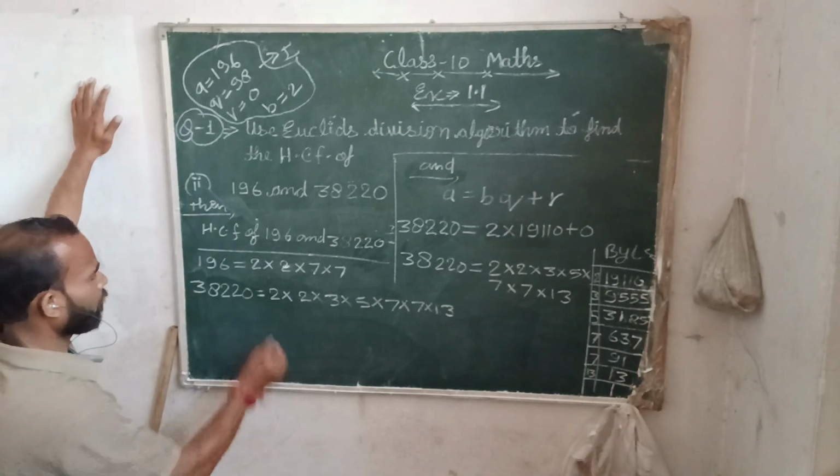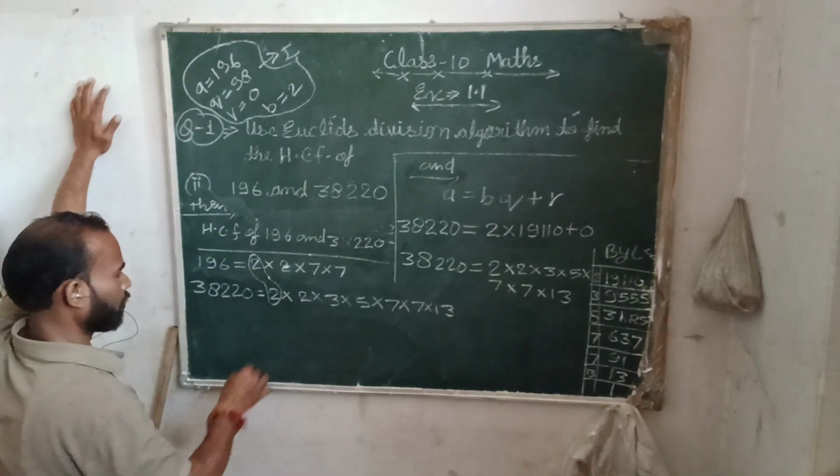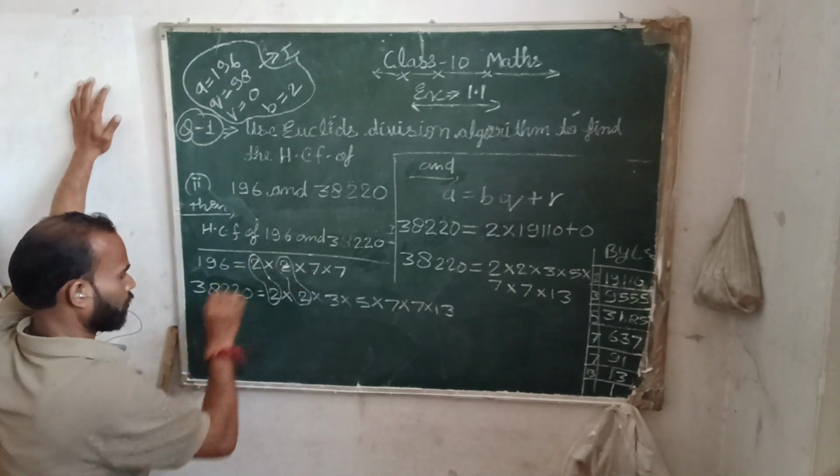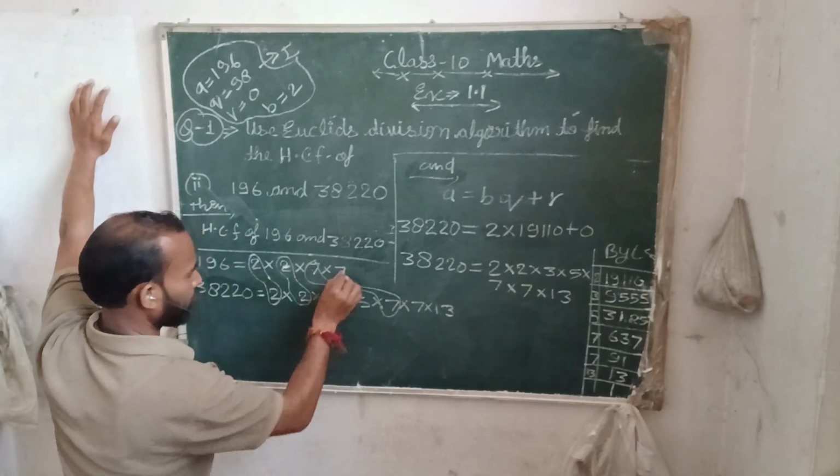Now match the pairs: 2 and 2, 2 and 2, 7 and 7.